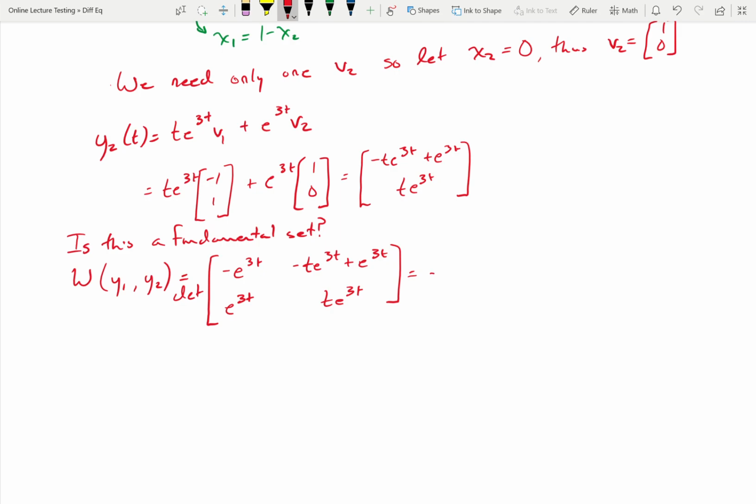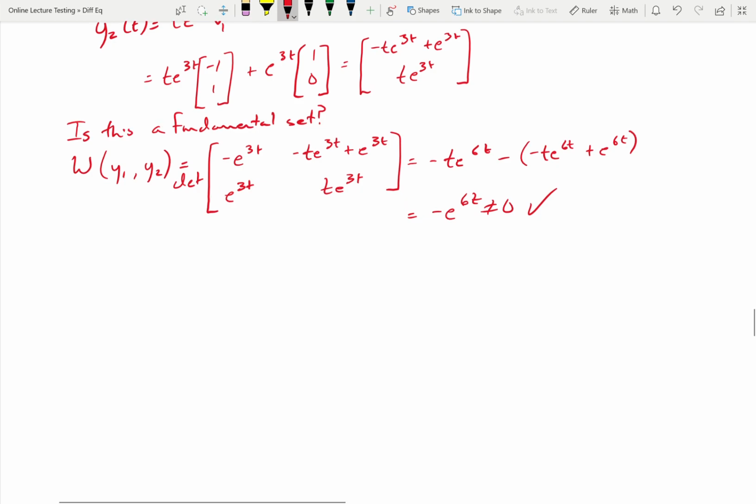Well, I'm going to get negative te to the 6t minus negative te to the 6t plus e to the 6t, which simplifies down to negative e to the 6t, which is not equal to 0 for any value of t. So therefore, we just formed a fundamental set, and now we get the general solution.